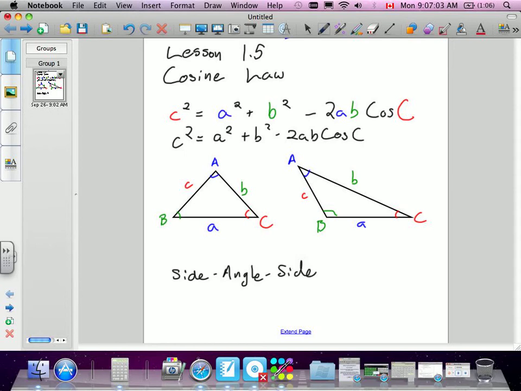They call it SAS. Or if you had all the sides of a triangle and you were looking for an angle, so you have all three sides, that's when you would use your cosine law. So between sine law and cosine law, you can solve for any part of a triangle. You just have to know when to use which specific law.